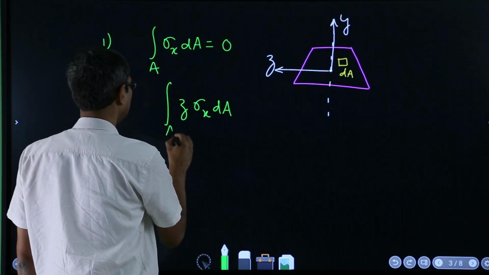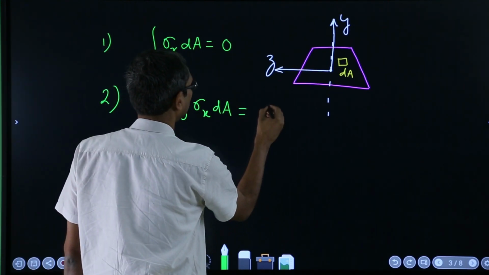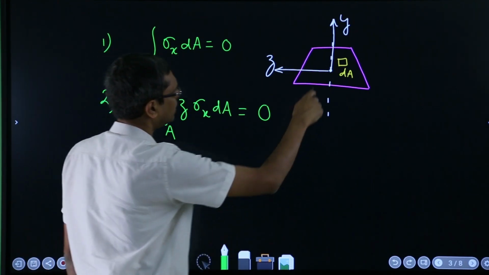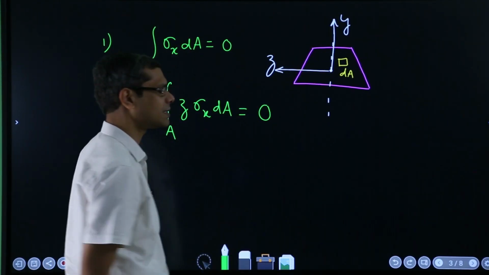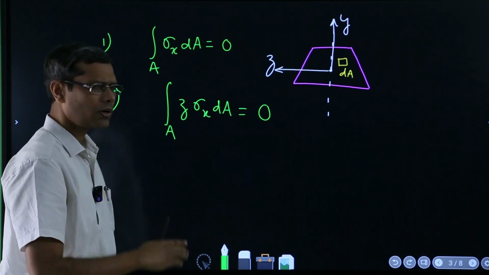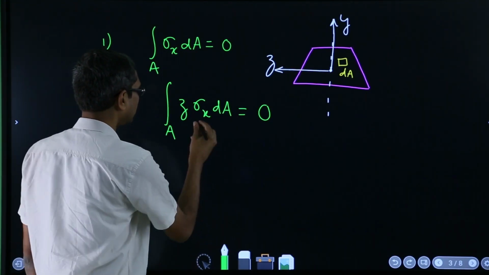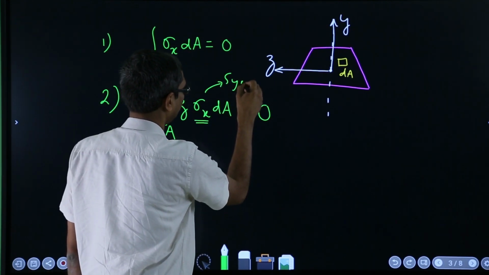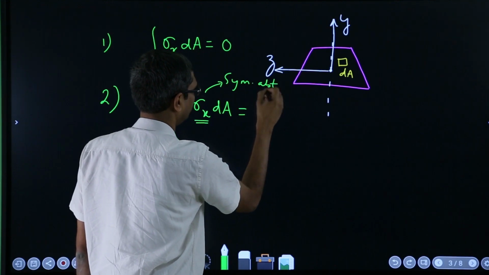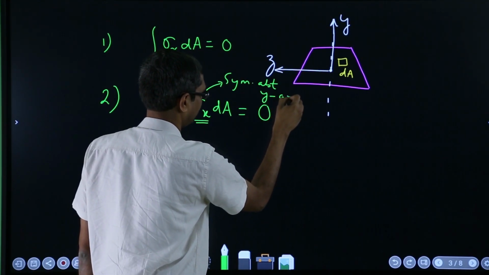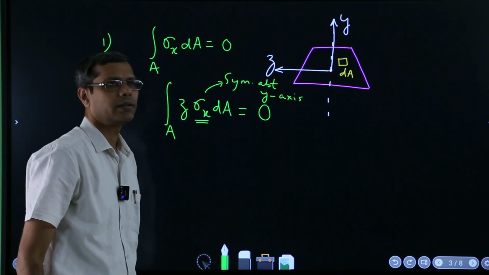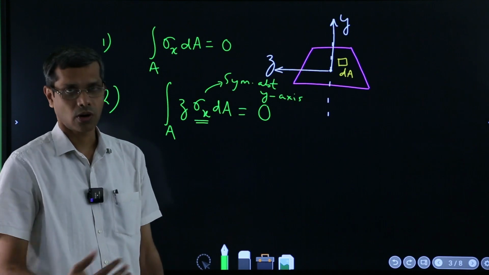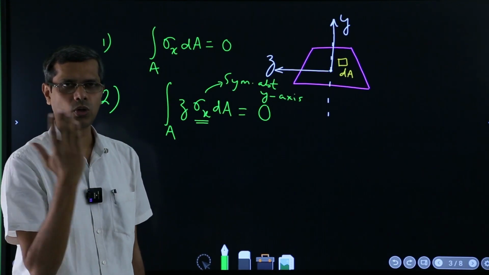If I integrate this over the full cross section, this also has to go to 0. This just tells me that this y axis is a plane of symmetry, and our stress field is symmetric about y. Beyond that it does not tell anything, and this ought to be true, because our loading is symmetric.